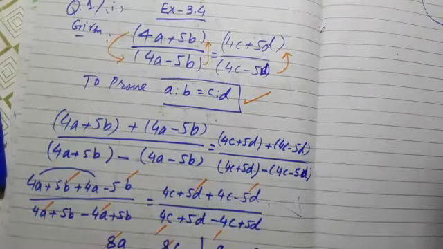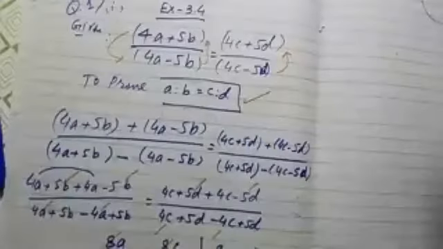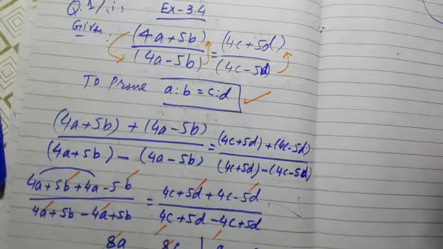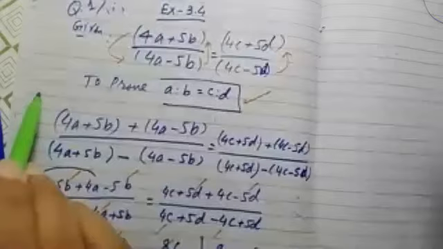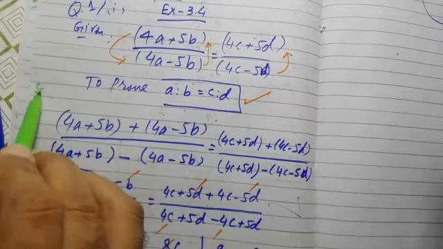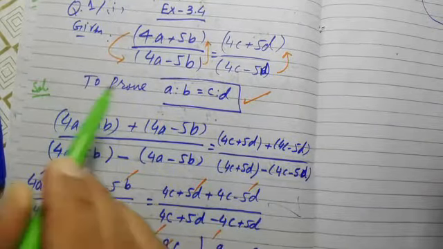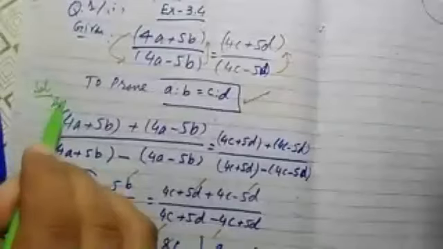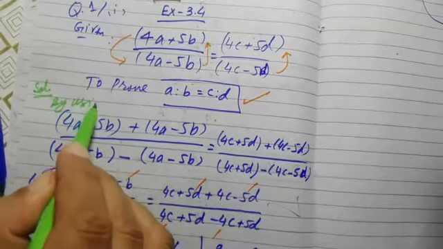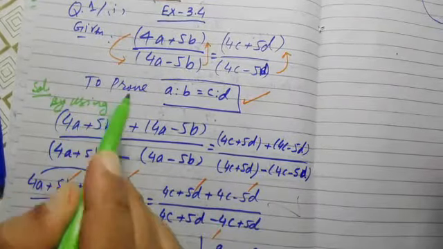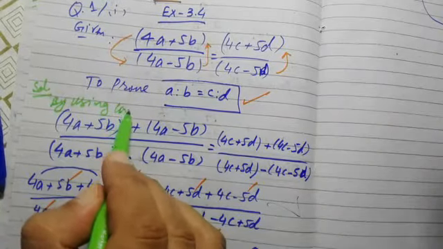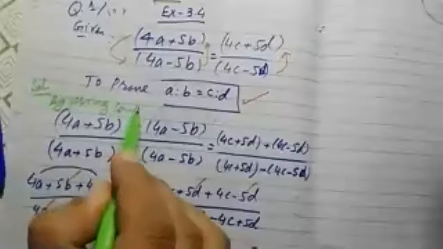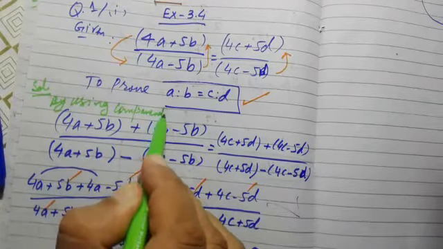And one more thing which I just forgot to tell you, because we have started the question from this step, we should write here: after the proof by using componendo dividendo theorem. The same theorem which I just explained to you before the start of the question.